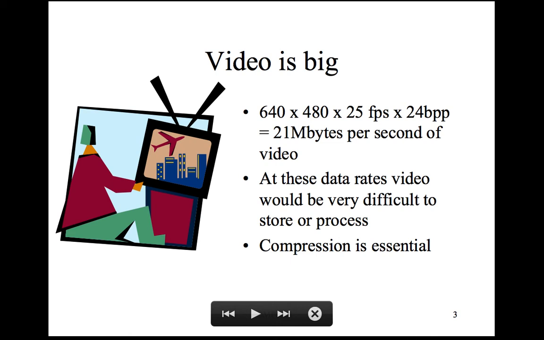There was a time it would have been impossible actually to process data rates at that kind of speed. We have faster computers now, so we could do it. So compression might not be essential, but it's certainly desirable. Even if we were to work out what a 640 by 480 JPEG might be and consider 25 of those every second, you're still racking up fairly big numbers pretty quickly.